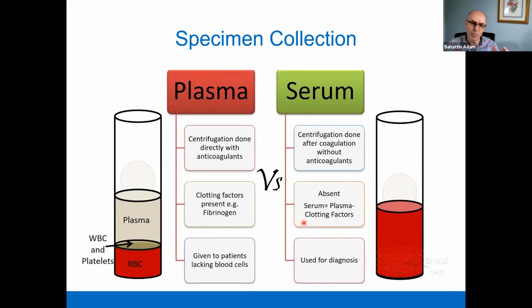The main difference between plasma and serum: in the plasma there are still clotting factors such as fibrinogen and tons of other clotting factors, and in the serum there are no clotting factors, okay.